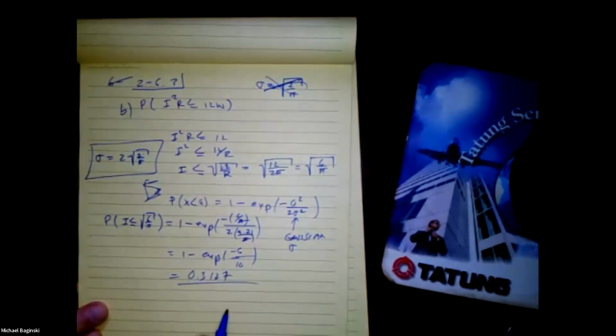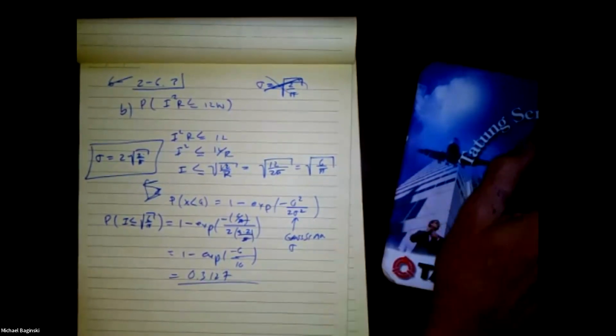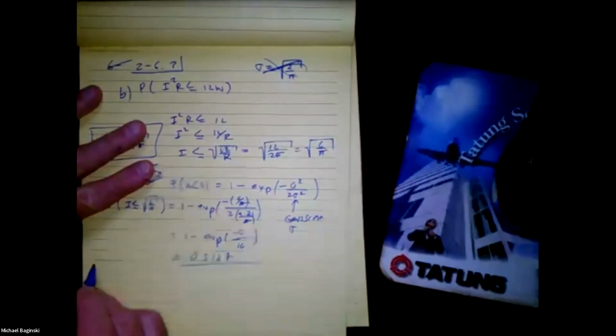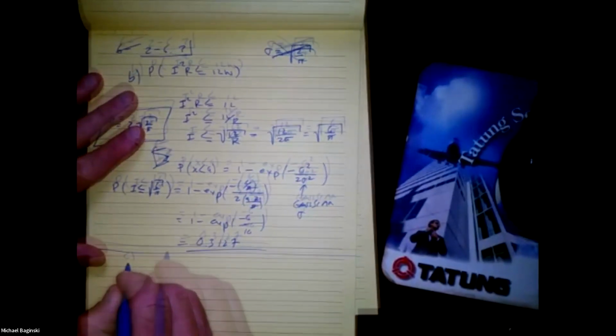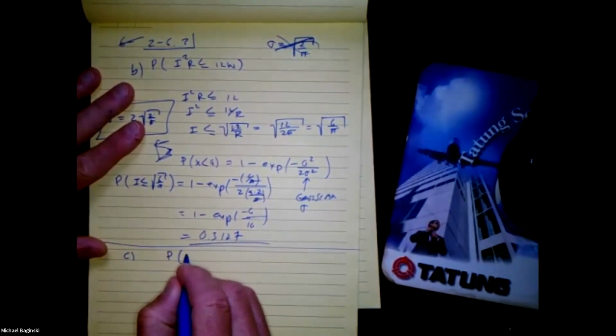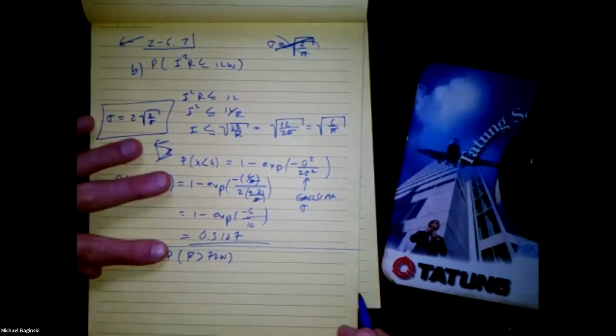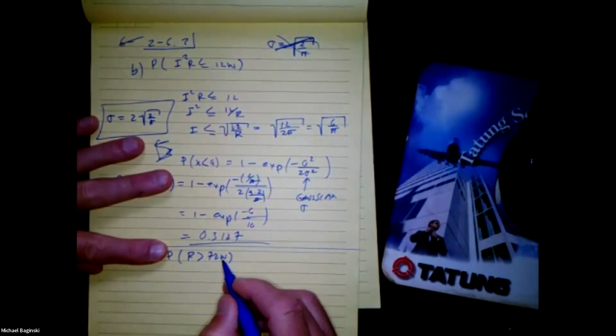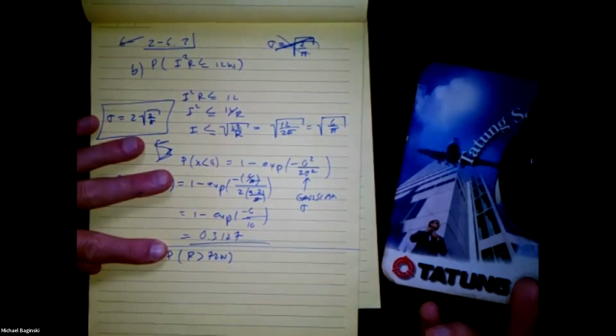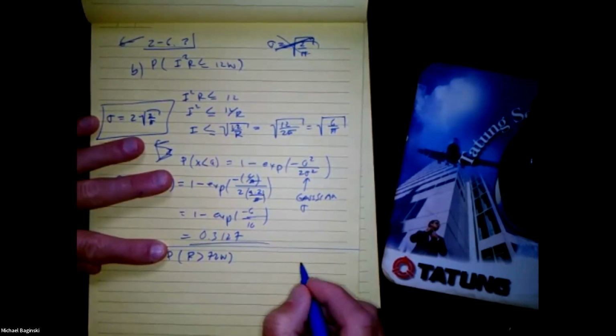Finally, and I got a question for you after this, they asked for the probability of it being over 72 watts, right? So part C of this one is they want the probability of the power being greater than 72 watts. Instead of getting a probability density function for power, which you could do, it makes no sense if you've got a Rayleigh already.